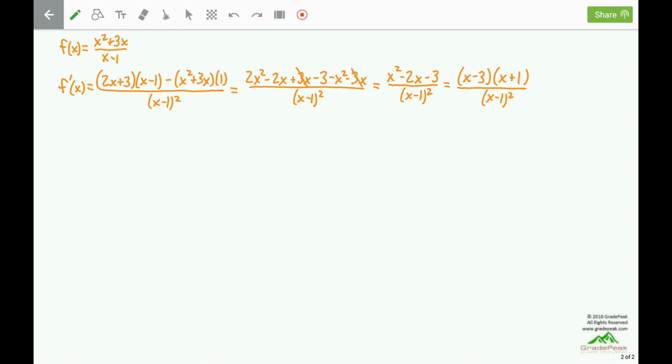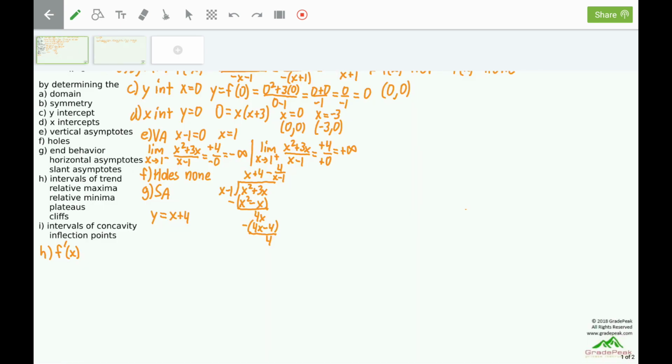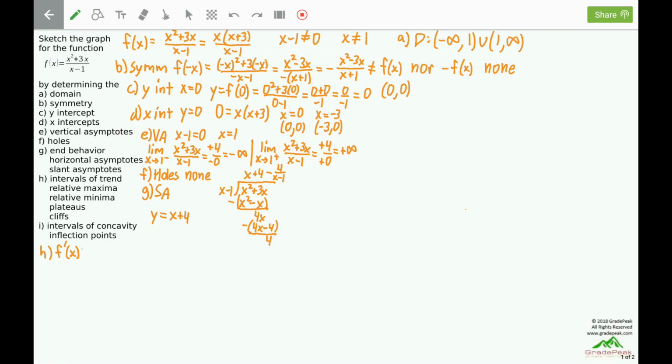This is the version of the first derivative we're going to want. So it was x minus 3 times x plus 1, and then all over x minus 1 squared.